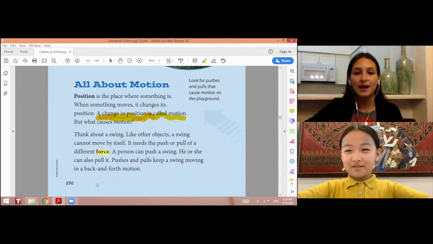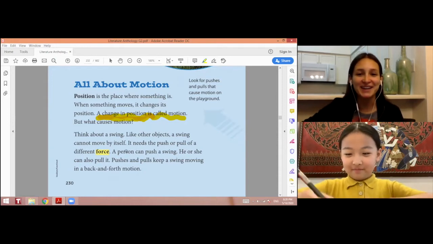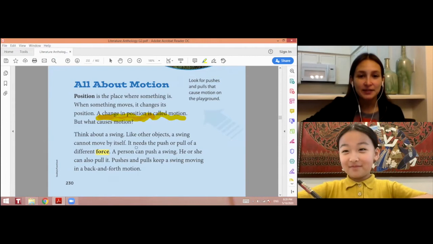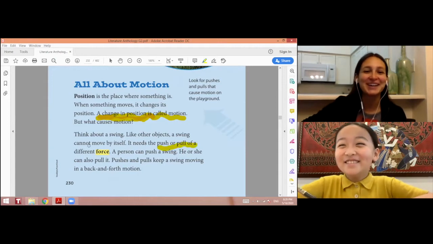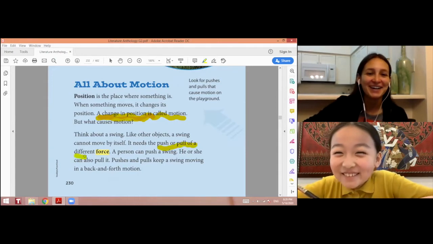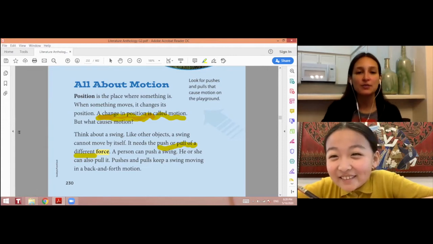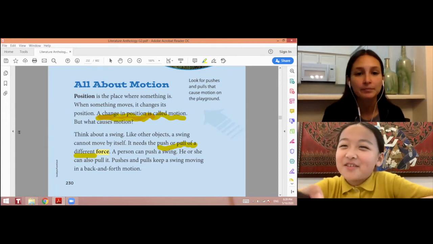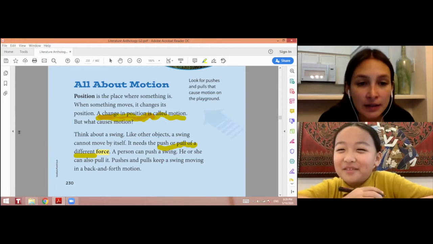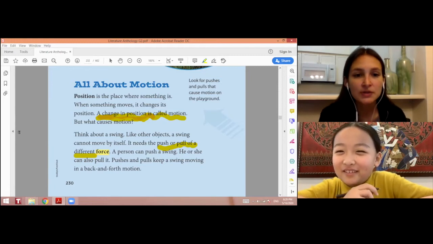Force. I'm going to try to highlight this again. Let's see. A push or a pull. It's not working. Okay. A push or pull of a different force. Like other objects, a swing cannot move by itself.